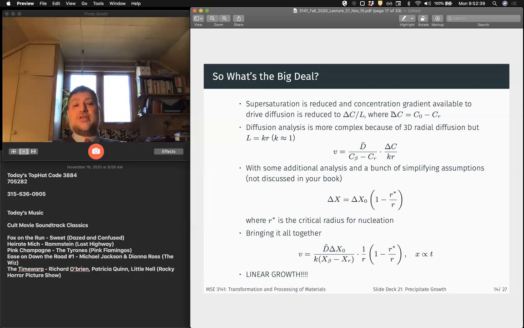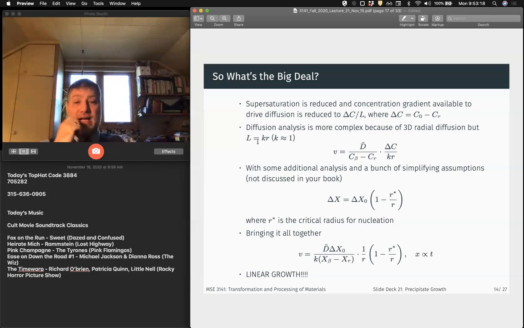And the concentration, which means the concentration gradient available to drive diffusion, is also reduced, right? And that's because the alpha is happier with a lower concentration due to Gibbs-Thompson. Okay. The diffusion analysis is much more complicated because of 3D radial diffusion, right? But a bunch of smart people have worked it out, right? And it's actually not too hard to show.